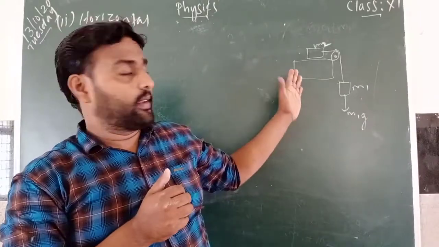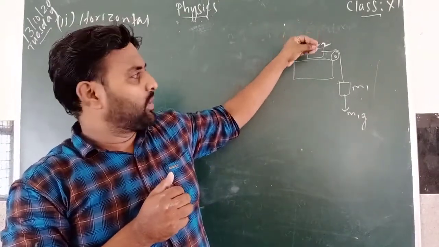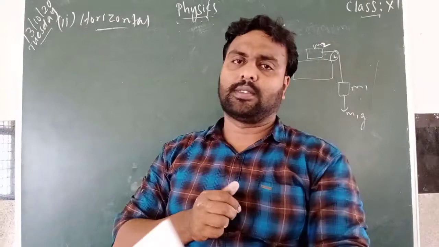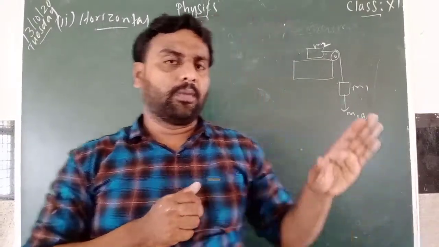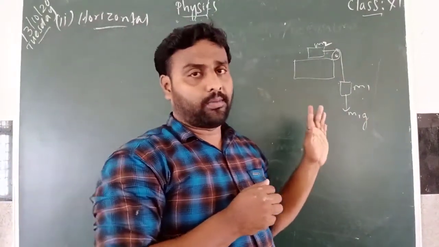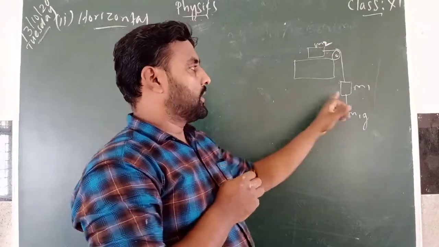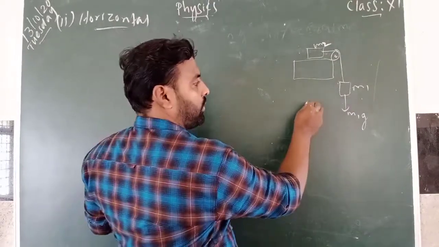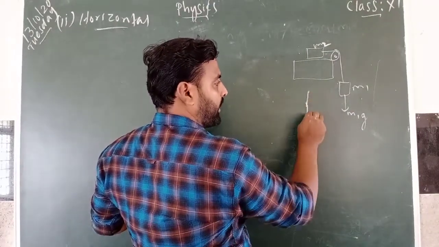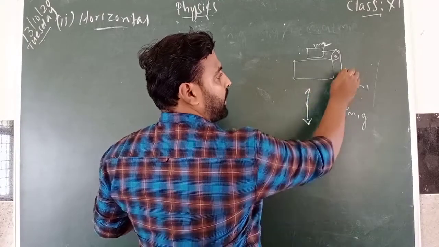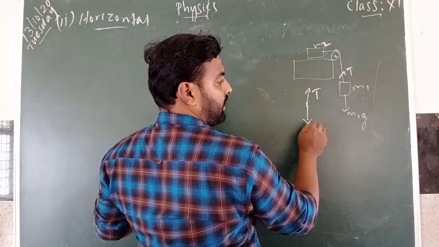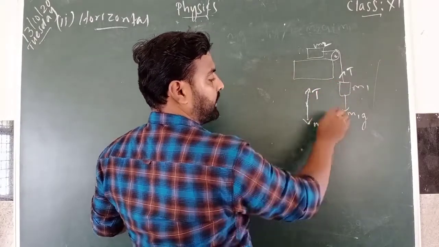Now you can see it is a very simple derivation, like the last one. First, you have to draw the free body diagram. For mass M1, upward tension and downward M1G.